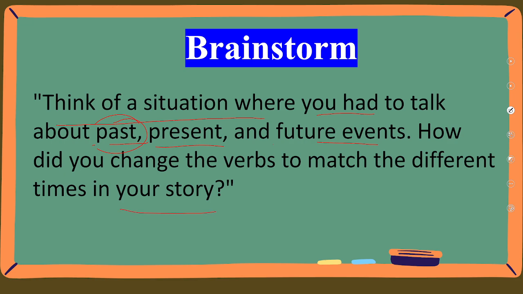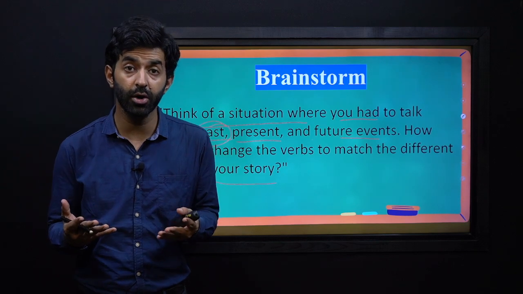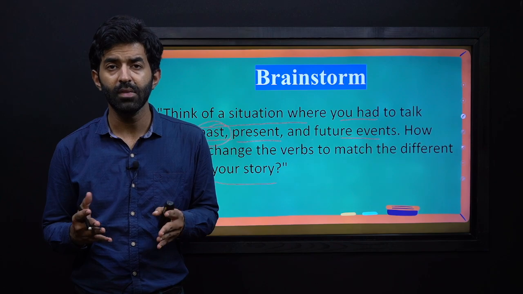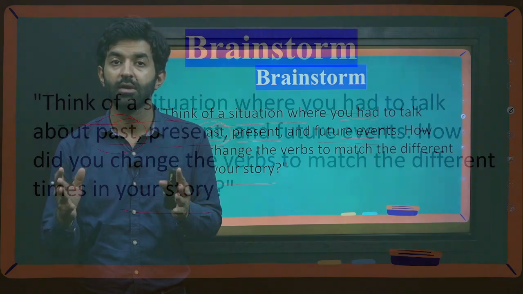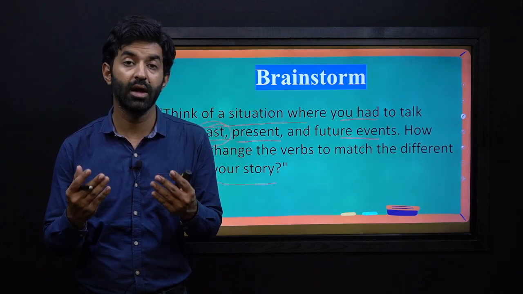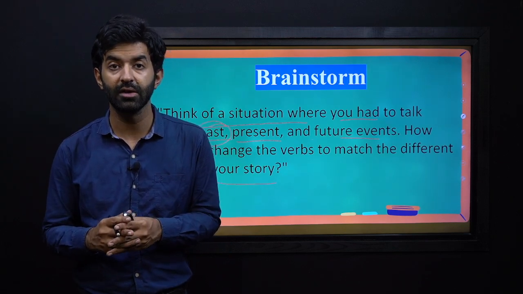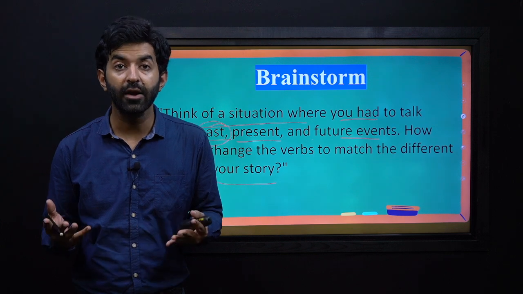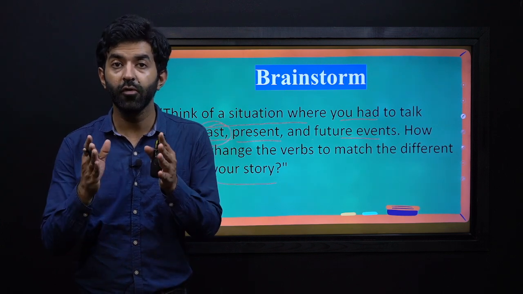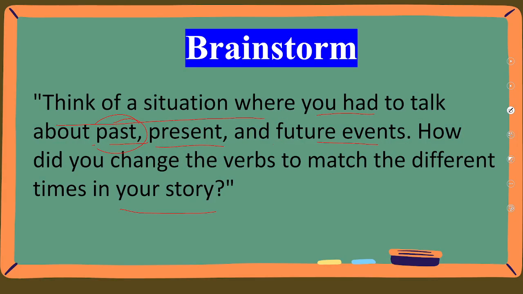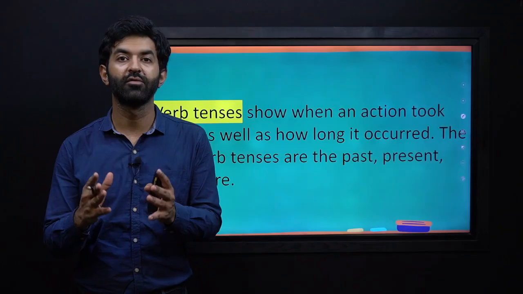Yes, we know that there are different forms of verbs and they are changed according to the tense. Now, how would you do it? Now, students, take 1 or 2 minutes, come up with a sentence, and convert it in past, present, and also future, and focus on how the verb changes. All right, I hope that you have done it.